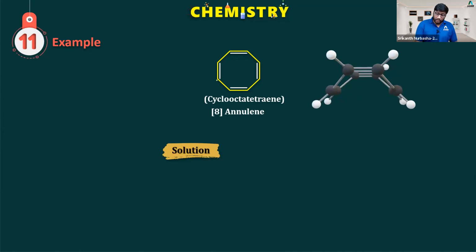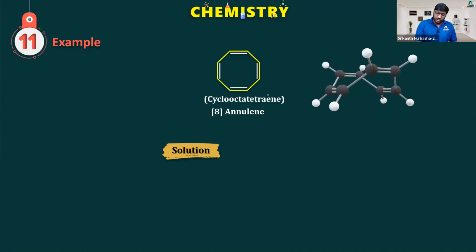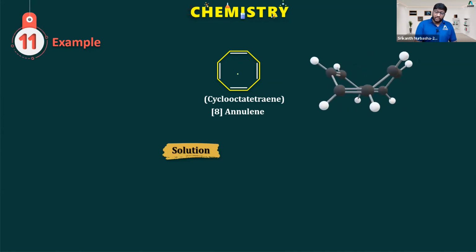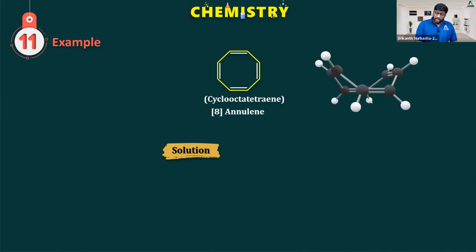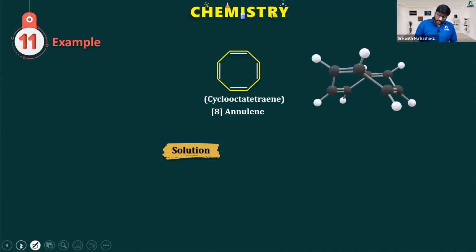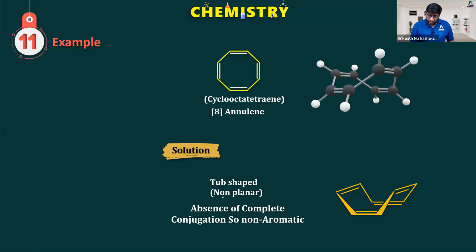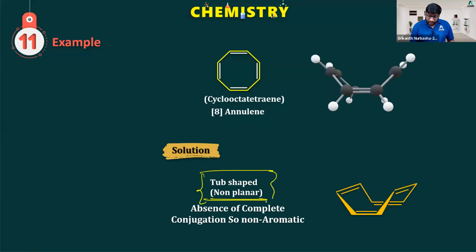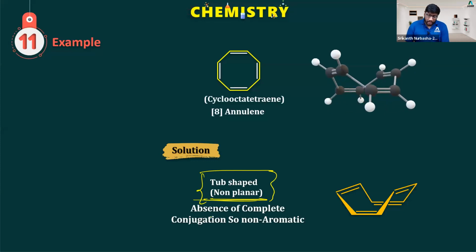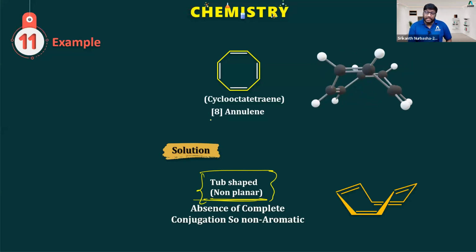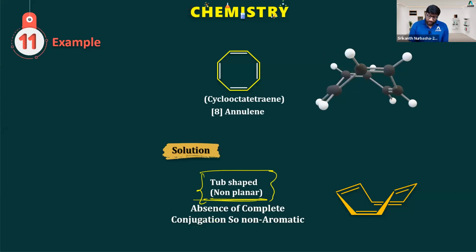Whatever the CH bonds we have in this particular cyclooctatetraene, because of the repulsions between the hydrogens present, the structure exists in this fashion. Cyclooctatetraene is tub-shaped, so that means it is non-planar. The planarity is not present for cyclooctatetraene or 8 annulene, so there is an absence of complete conjugation.